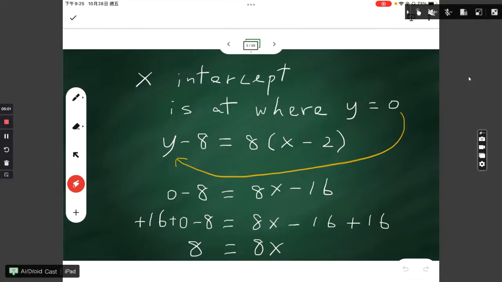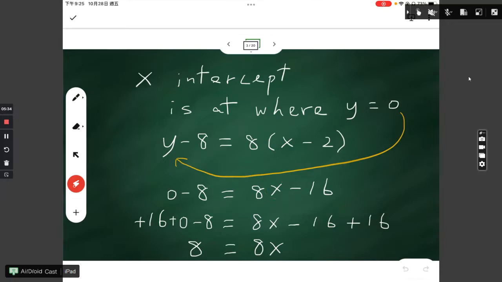So you use the equation of the line in point-slope form, and you substitute y equals 0 in here. So this becomes 0 minus 8 equals 8 times x minus 2, which is 8x minus 16. So you have one equation and one unknown, and you're going to solve for x.